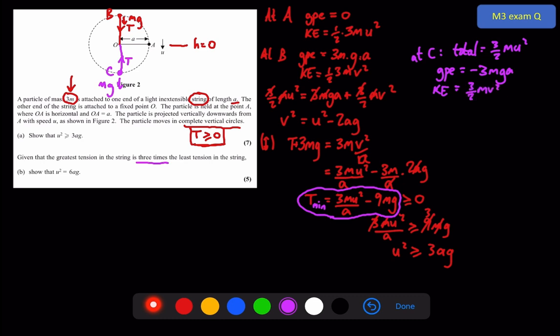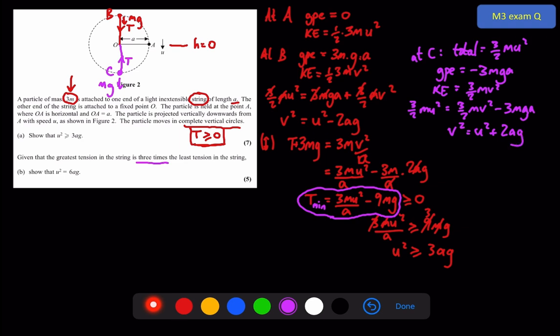When we equate these, we get 3 over 2 mu squared must equal 3 over 2 mv squared minus 3mga. So the only difference here is that this positive is going to become a negative, which means this negative here is going to become a positive. So overall v squared is equal to u squared plus 2ag at C.